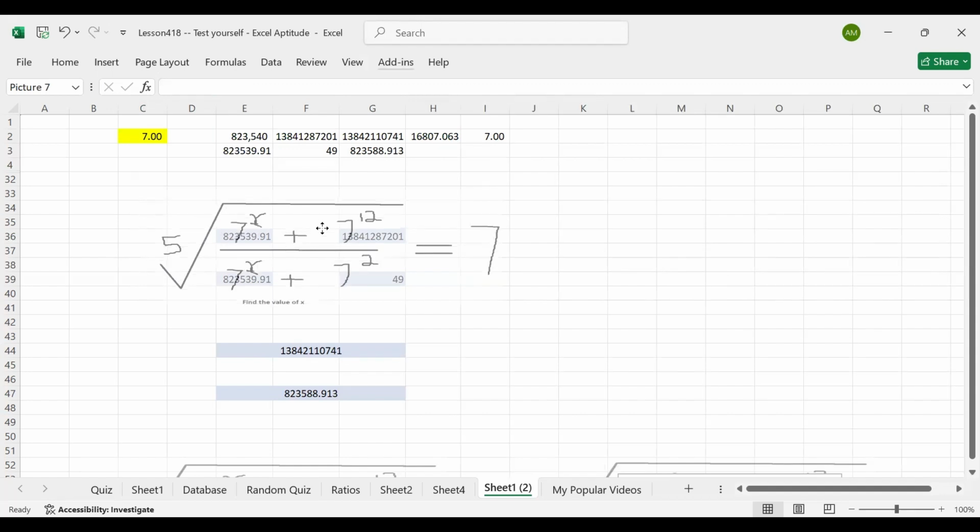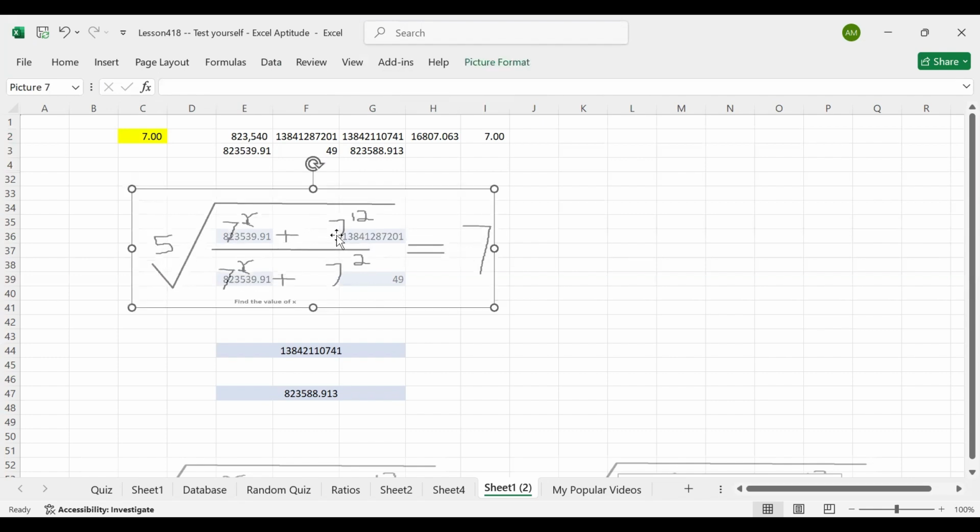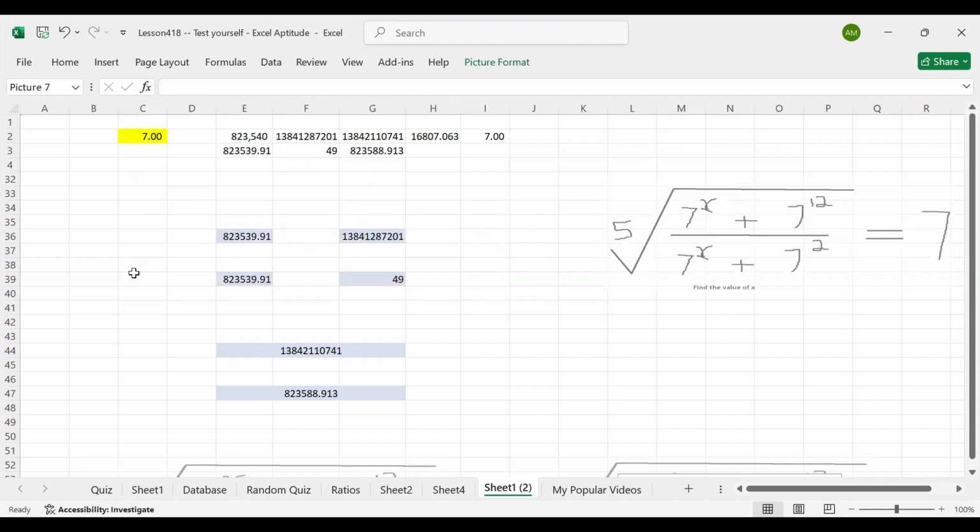Okay, so this is telling you which expression, when calculated, gives what value, right? You can see that these values are simply linked. These are linked to E2, and E2 is this A23549. And this one is linked to F2.